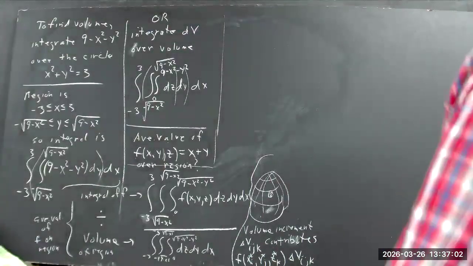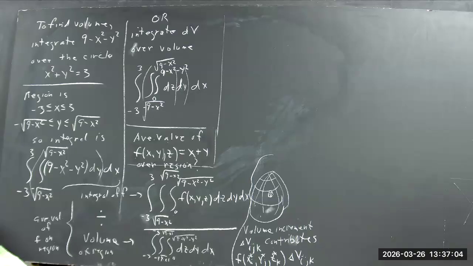Just like the average value of a function of one variable, you divide the integral by the length of the interval. In two variables, you divide the integral by the area of the region. For a volume integral, you divide the integral of the function by the volume of the region.